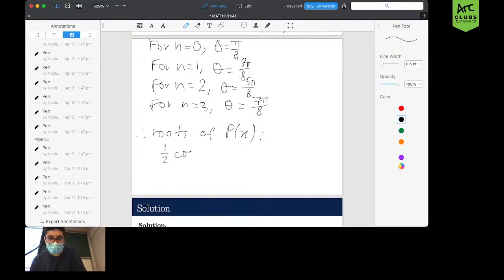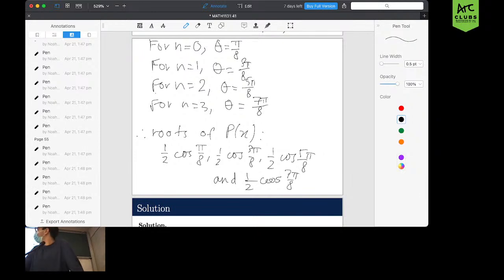Half cos pi on 8, half cos 3 pi on 8, half cos 5 pi on 8, and half cos 7 pi on 8. And those are our 4 roots of the polynomial P of X.